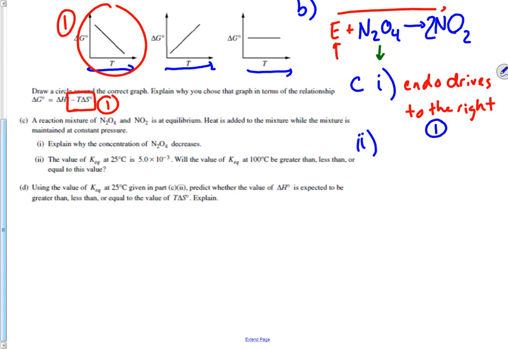Did it say it? I can't find it. Oh, there it is. All right, at double I, it says at 25 degrees. Sorry, I didn't see it. That's the K, and now it's at 100. So, be careful. Think about what that is. So, will K be larger or smaller?